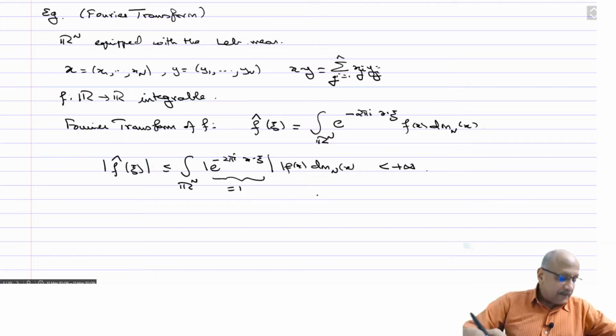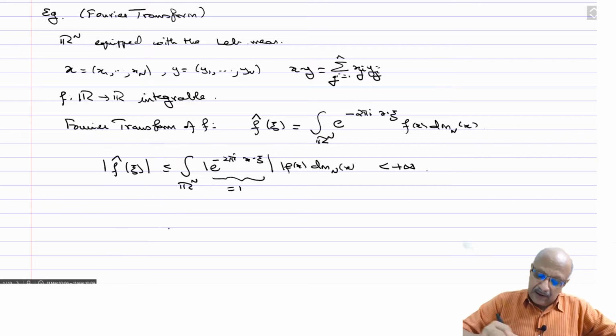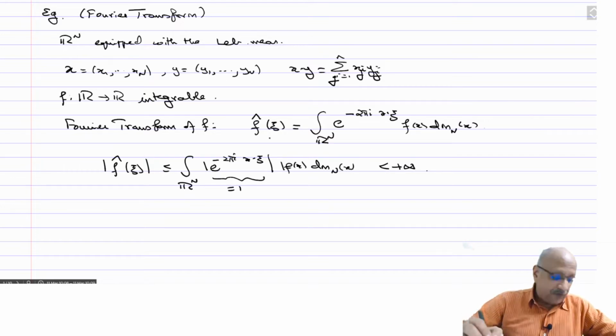So f hat is well defined and it's a bounded function, namely the L infinity norm of f hat is less than or equal to the L1 norm of the function f, the integral of mod f.